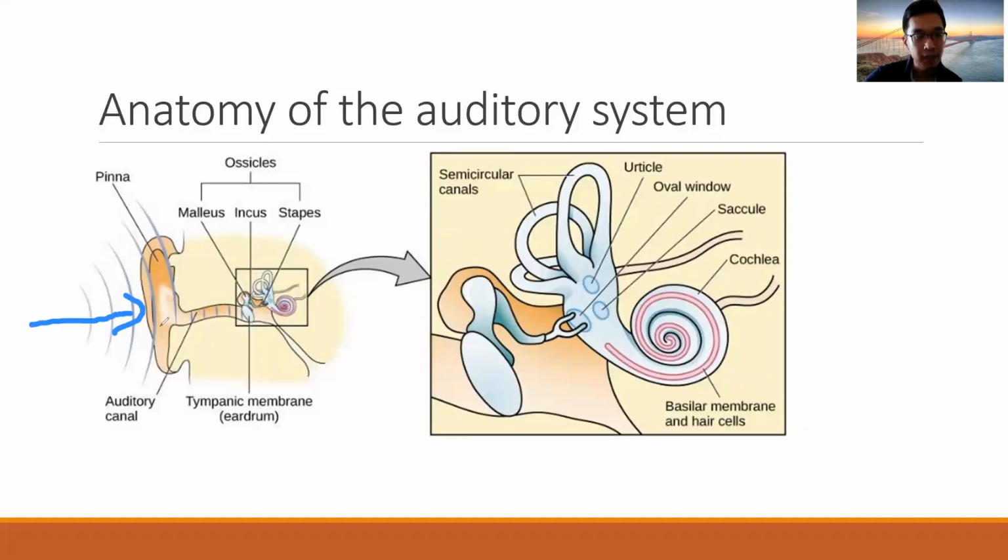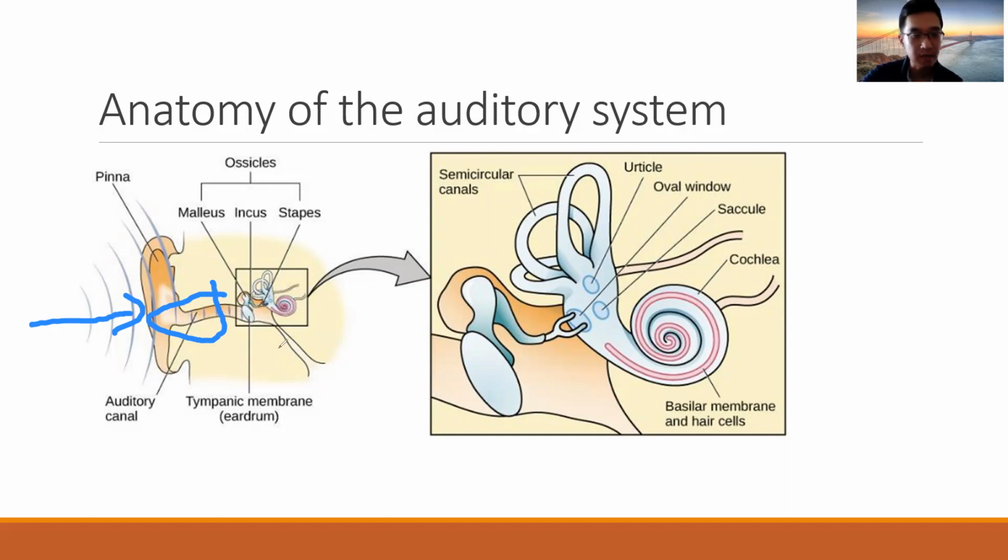You can see the pinna, which is the outside of the auditory system. And inside of the ear, there is a canal here. It's called the auditory canal. I think you know it. There is a canal inside of an ear.